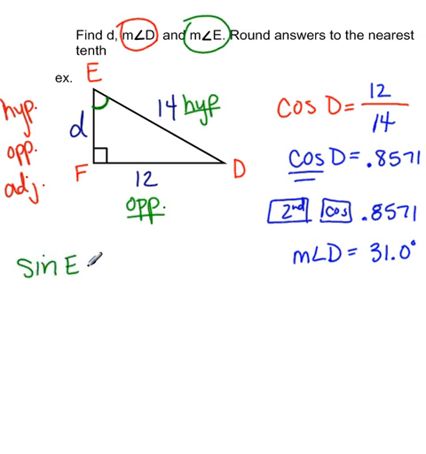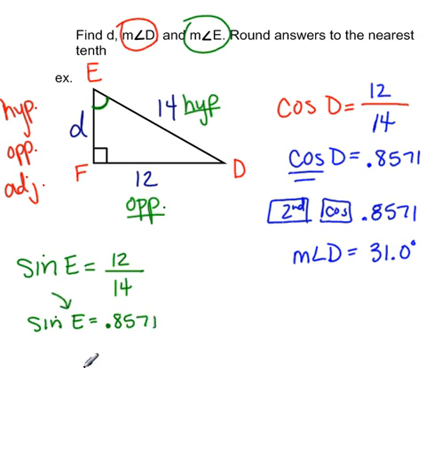Sine of angle E. And if you look back at SOHCAHTOA up there, or if you've already memorized the sine formula, it is the opposite over the hypotenuse. So we've got 12 over 14. We already know what 12 over 14 is. So we have sine E equals 0.8571. Now we're trying to find degrees here.